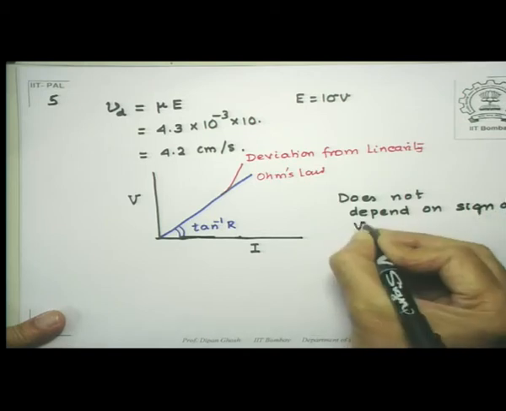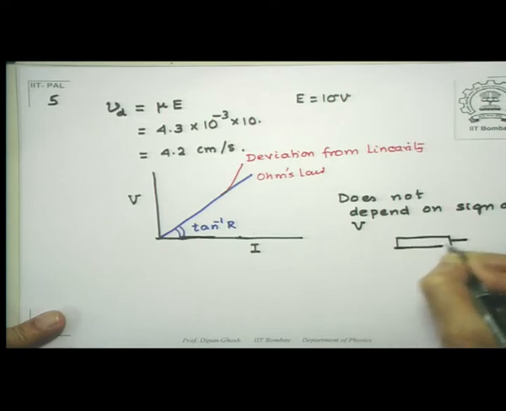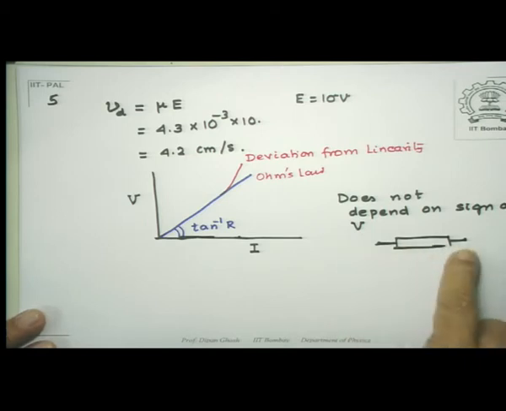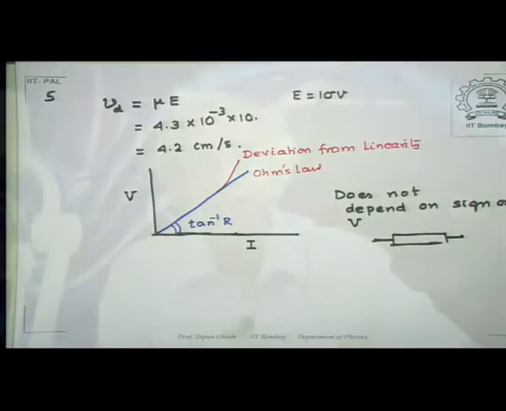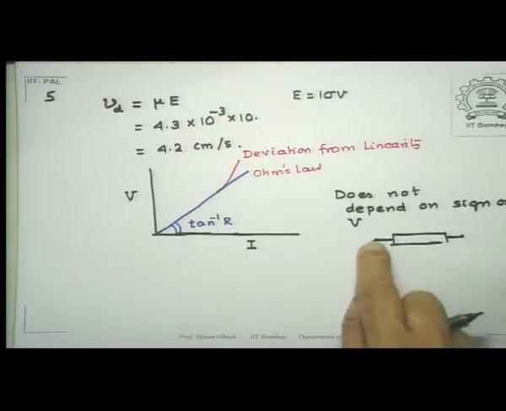What it means is that if you have a resistance and you apply a potential difference between the two ends, with this side positive, this side negative, you get a certain amount of current. If you change the polarity, making this negative and that positive, the magnitude of the current for the same voltage, irrespective of its sign, remains the same.